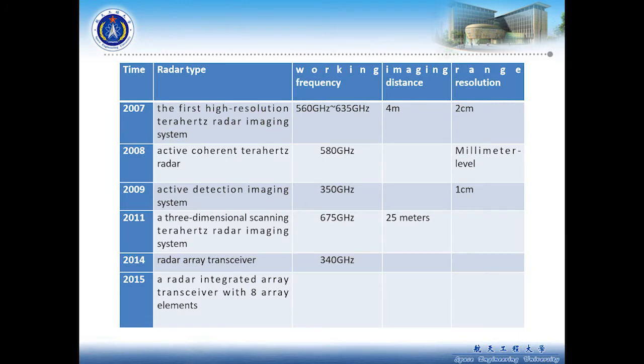In 2007, the JPL developed the first high-resolution terahertz radar imaging system. Its working frequency is 560 GHz to 635 GHz.